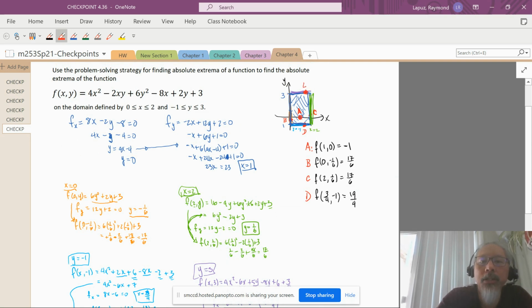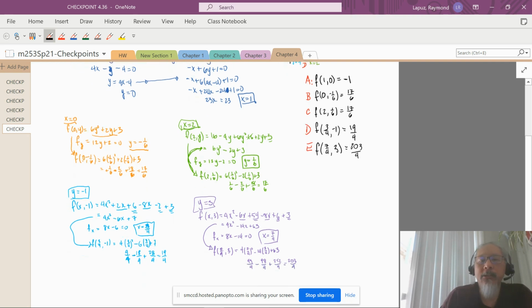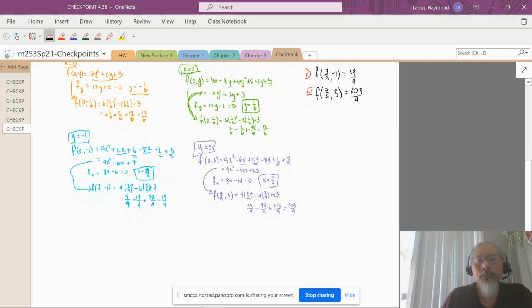Let's call this point E. F of 7/4, comma 3, we got that to be 203 divided by 4. So this is a little bit short of 50, like 49.75 or something. Okay, so far that's the maximum.